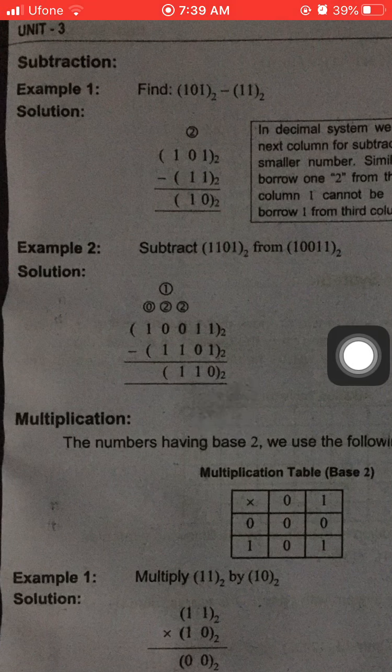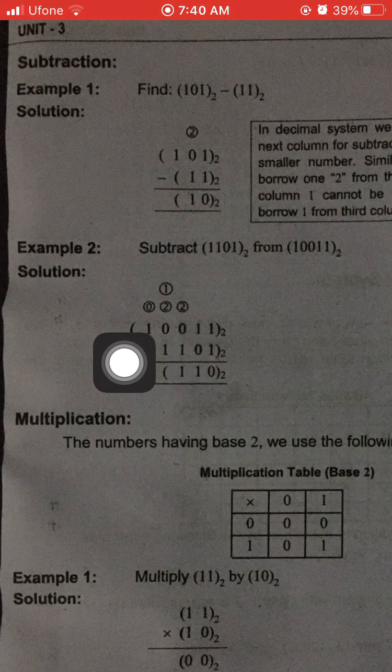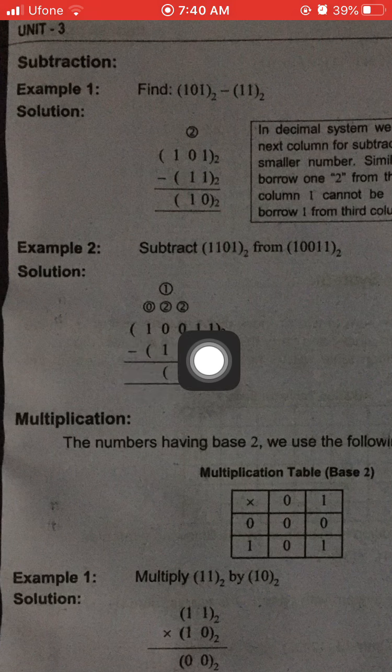Here 0 minus 1 is not possible. So you will carry 1 from here. When you carry 1 from here, it will make 10. 10 means 2. But you need 1 in the third column. So when you carry 1 from the fourth column, then in the fourth column the remaining number is 1, and here the new number becomes 2. 2 minus 1 is equal to 1.